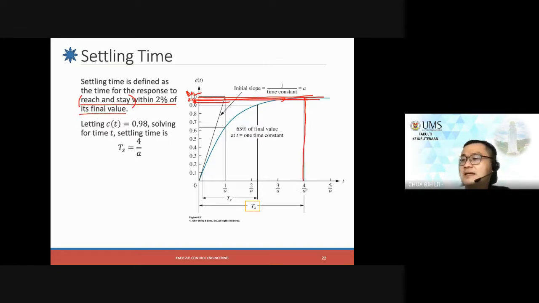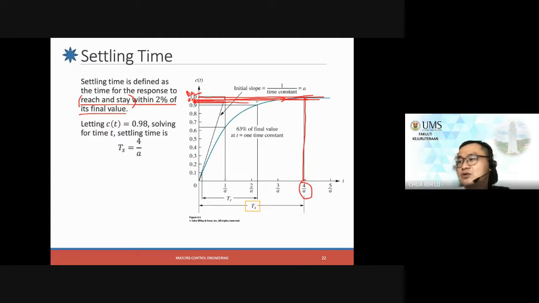It can be better estimated as 4 over a, again if you know the time constant. Therefore knowing the time constant is very useful for identifying the characteristics of a system, like the rise time as well as the settling time. Other than the time constant, we can also do it graphically, as I mentioned.